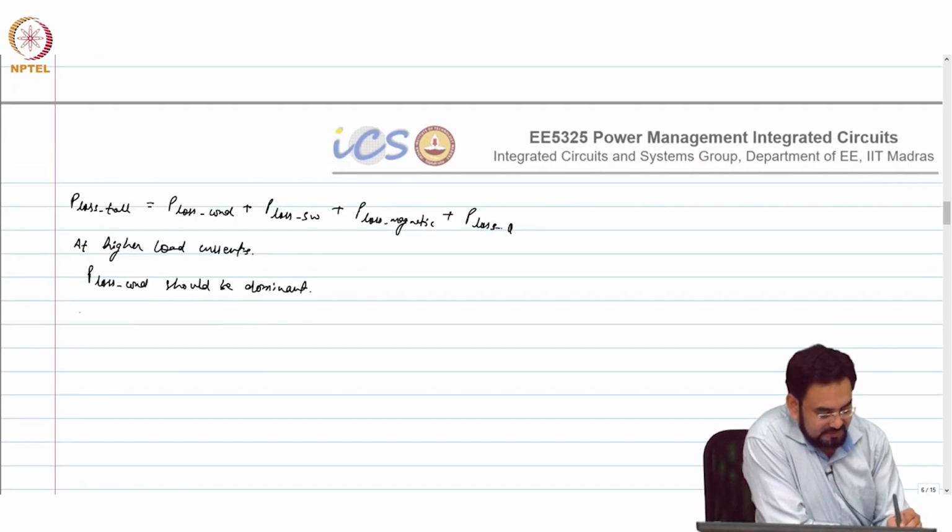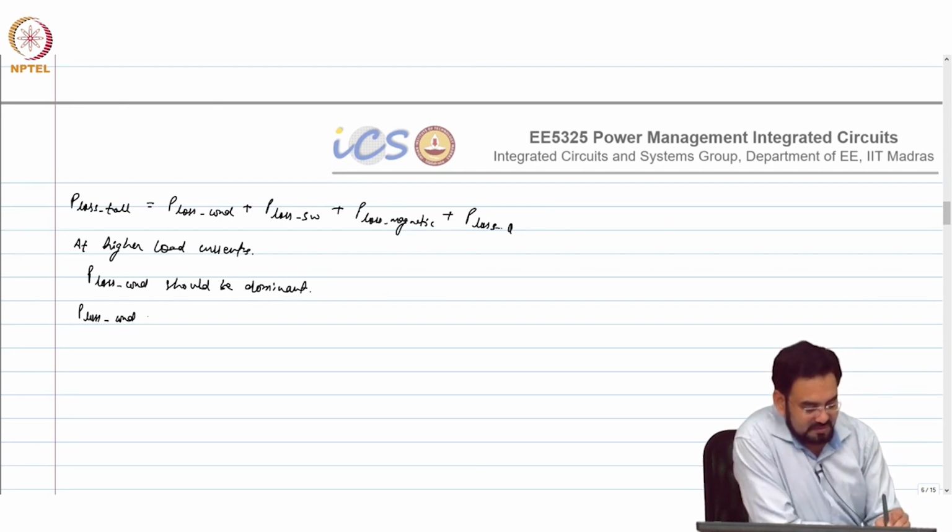So P loss conduction should be 90% of total loss.